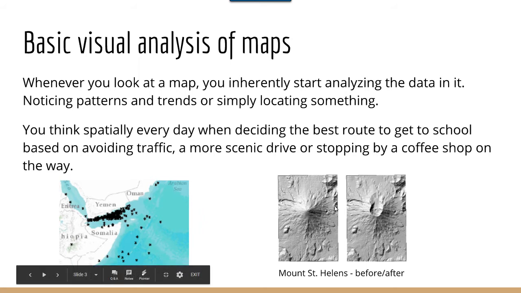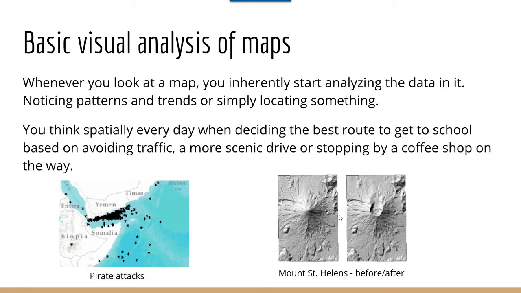This map is a before and after shaded relief map of Mount St. Helens, looking at before and after the eruption in the 80s. Is that when Mount St. Helens erupted? So you can visually see the impact the eruption had and the crater that was left and what the mountain looked like before.